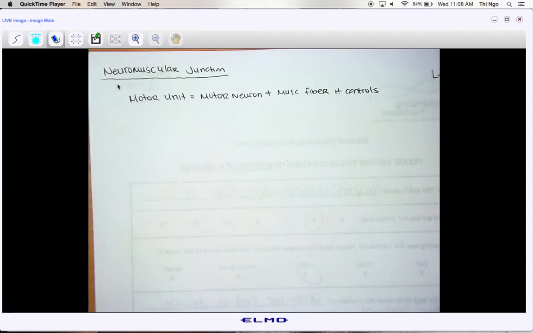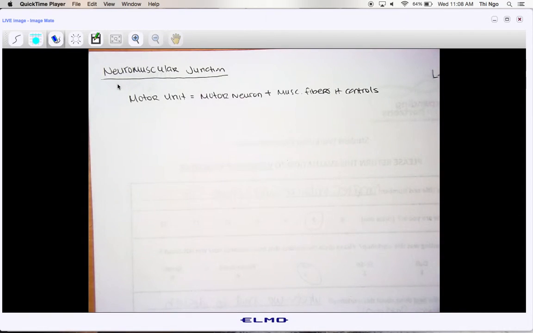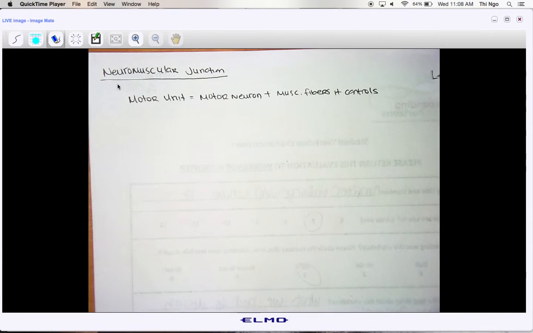So a motor unit is a motor neuron plus the muscle fibers it controls. And that's the combination that forms a neuromuscular junction. Notice we use the word motor quite a few times here.